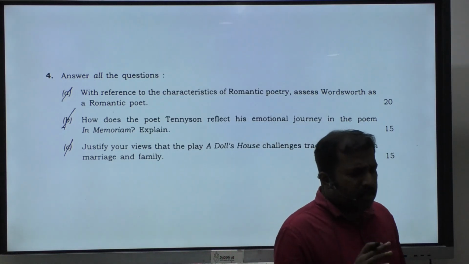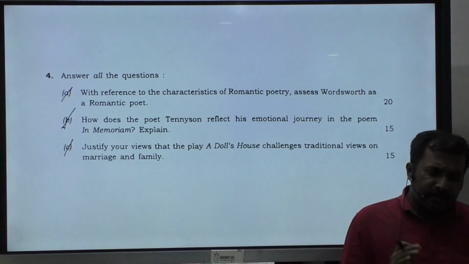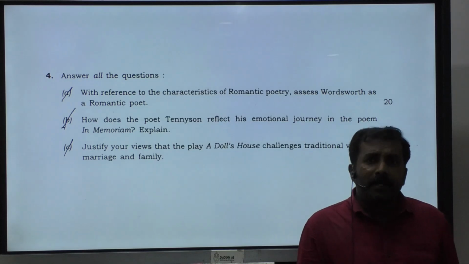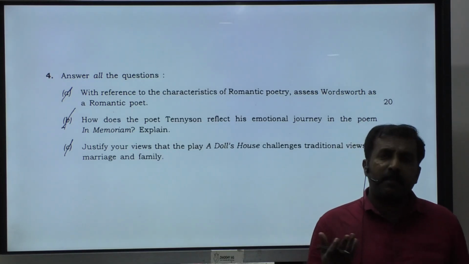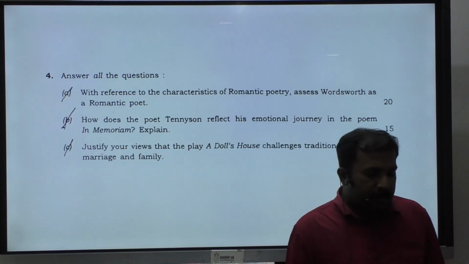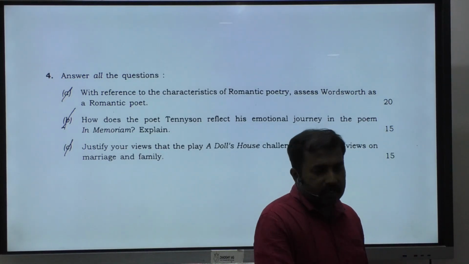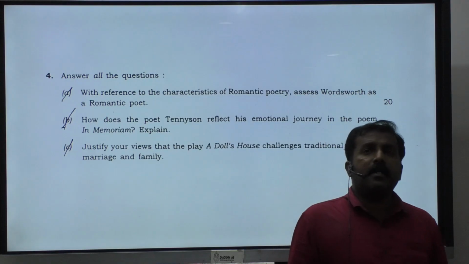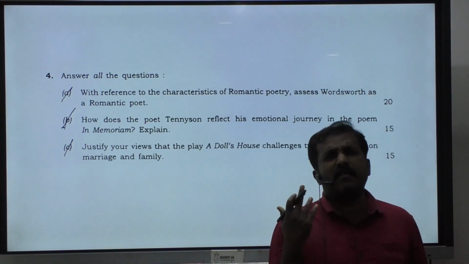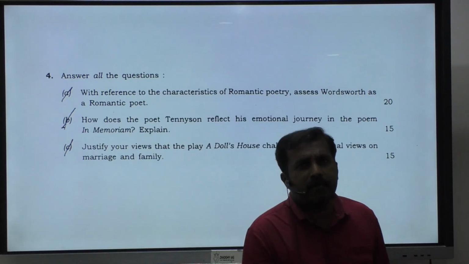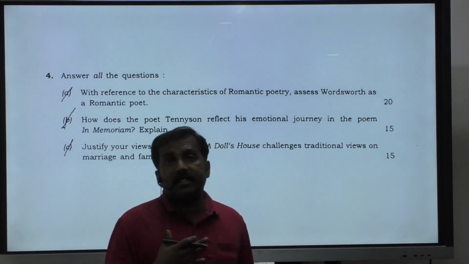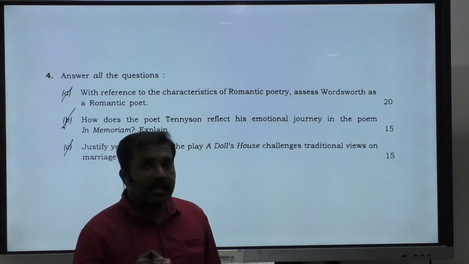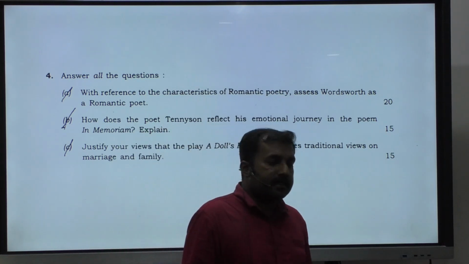All these important poems we can give: Tintern Abbey, the Ode on Intimations of Immortality, then The Prelude, all these works we can give as examples. Michael, The Solitary Reaper, all these we can give as multiple examples, because this question is not a specific one. This question is a general question, so we can give multiple examples.